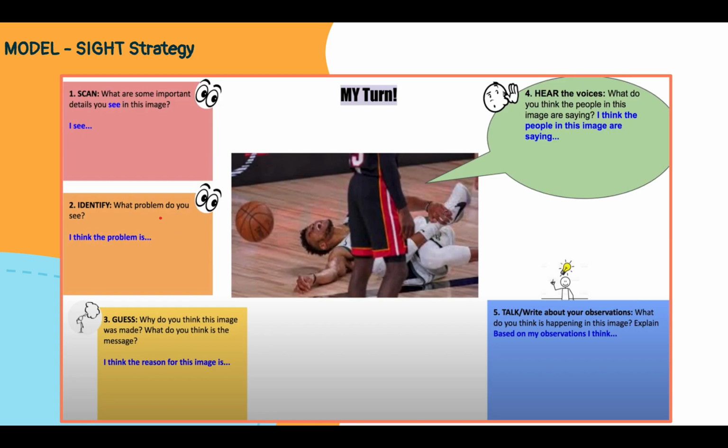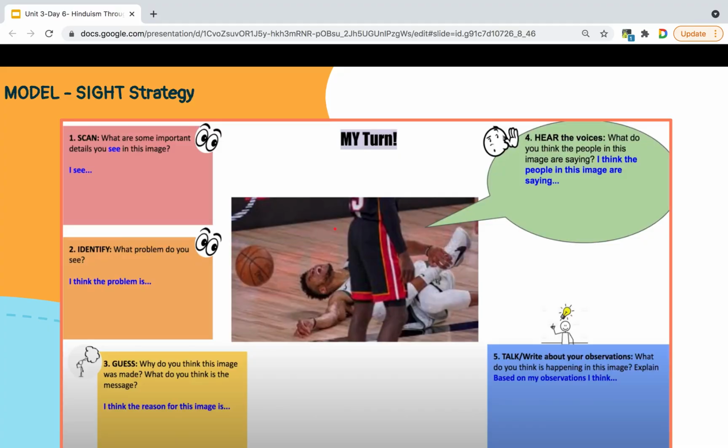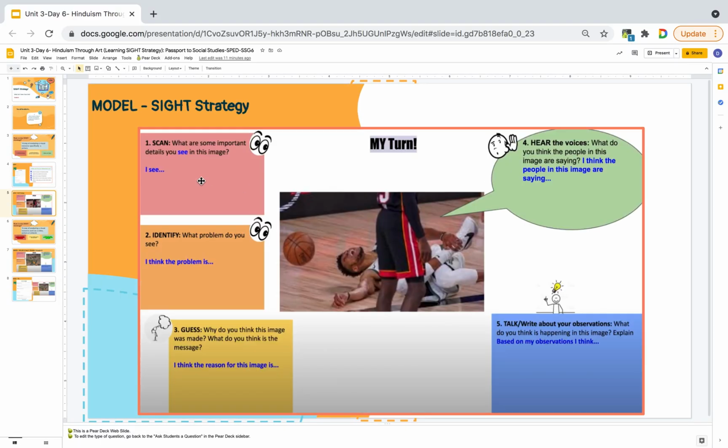The picture we are looking at together is this one in the middle. The first thing we're going to do is scan it. So we're going to look at the entire picture, not just where my eye is drawn to, because my eyes immediately are drawn to the man in the middle, but I'm going to look all over the picture. What are some important details that we see in this image?